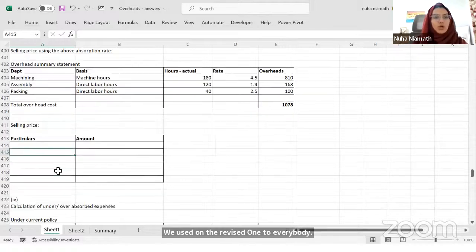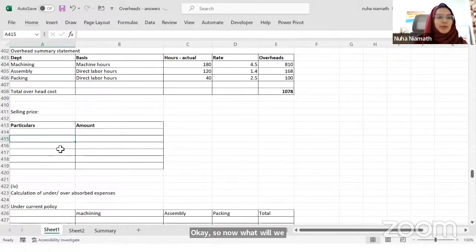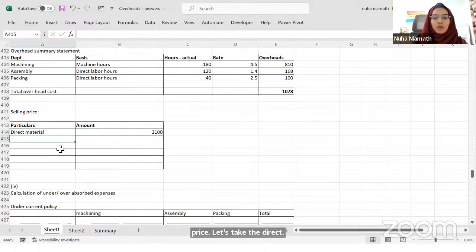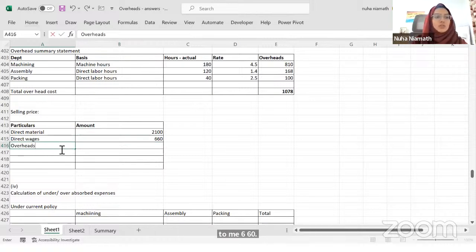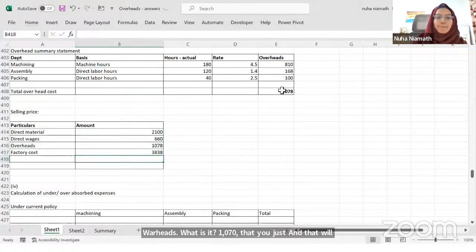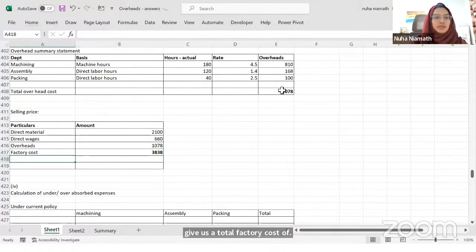Okay. So now what will we do? We'll put it into the selling price. So let's take the direct material, given to be 2,100. Direct wages, given to be 660. Overheads, what is it? 1,070 that we just calculated. And that will give us a total factory cost of 3838.